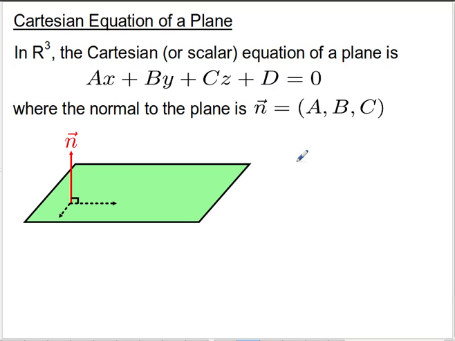I've talked about the Cartesian equation before. The coefficients a, b, and c are generally members of the integers. So that's a convention we try to follow when we're going to write something in the Cartesian form.